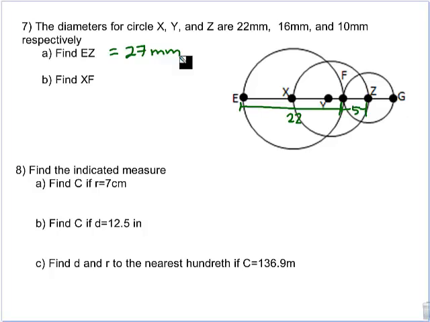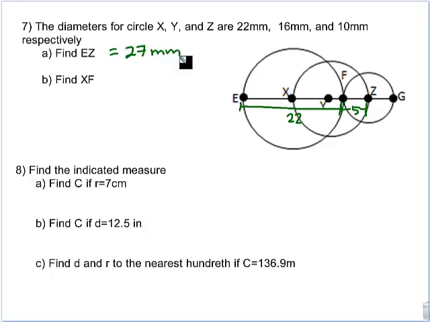Is that one okay? Wait, what's X? Where's F? No, X. That's what we want to find now, XF. We're definitely not skipping it. Okay, what would XF be? Could you explain how you got 5?